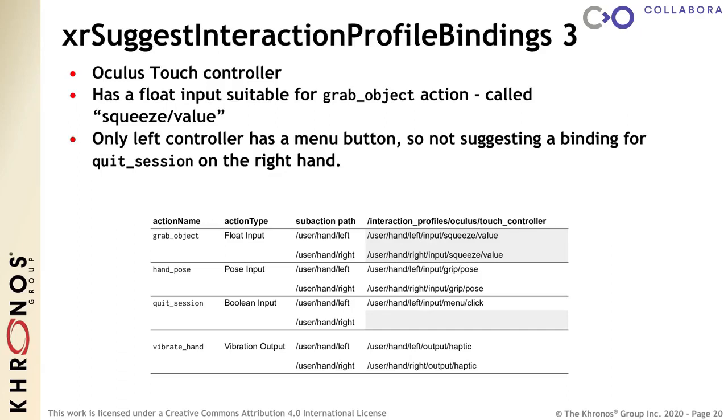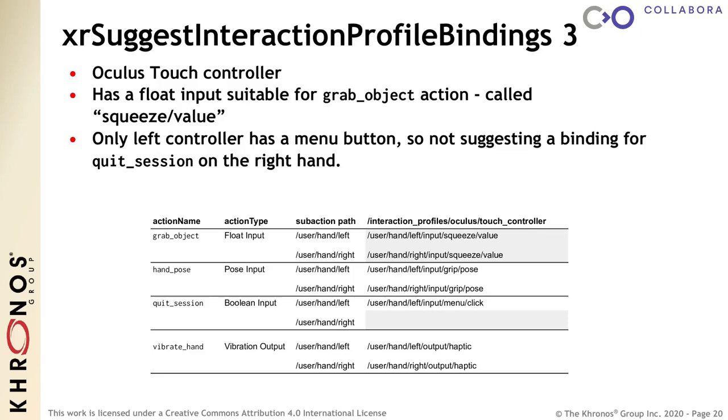And the last example of the suggested bindings is the Oculus Touch controller. Now there's a couple things here that are different. The Oculus Touch controller has a float squeeze input. It can say a floating value between 0 and 1 of how much you're squeezing.